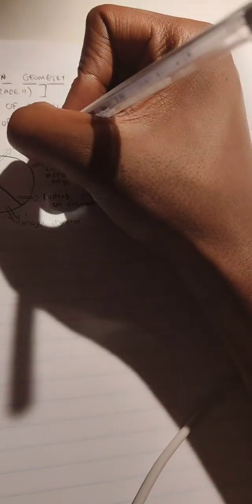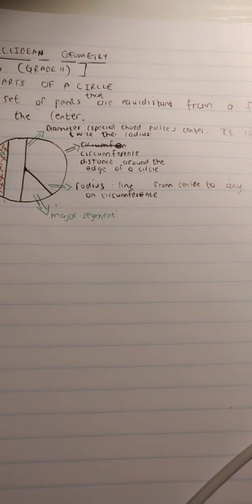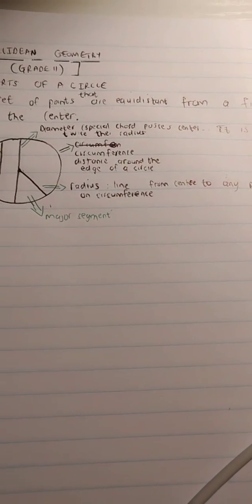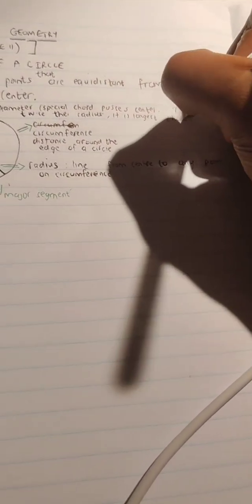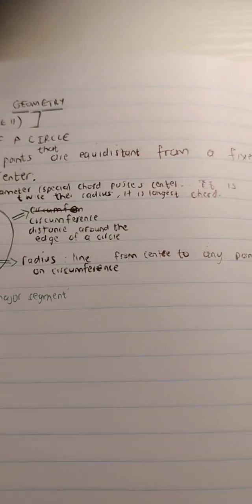It is twice the radius. That's another thing that we need to note. And it is the longest chord that we have in a circle. Maybe those are properties you might not have been aware of.